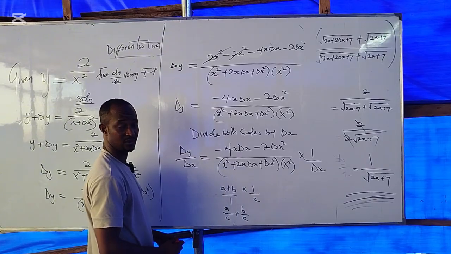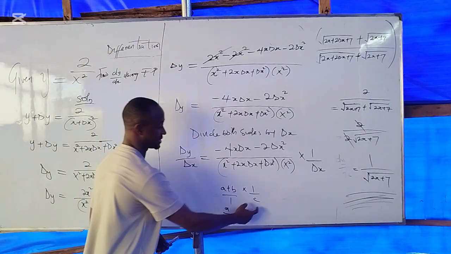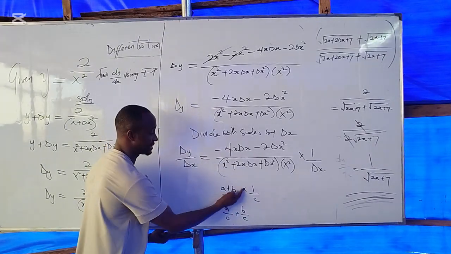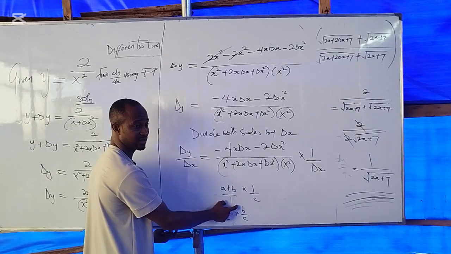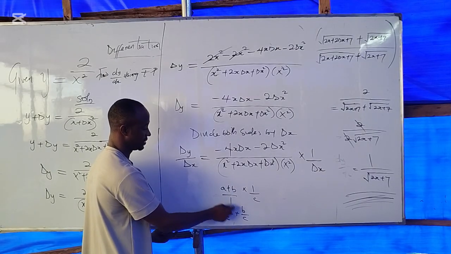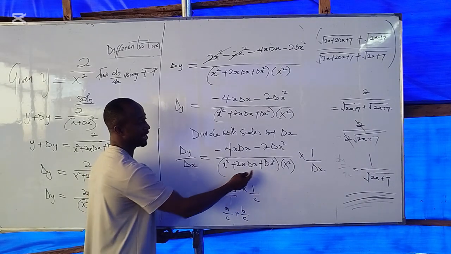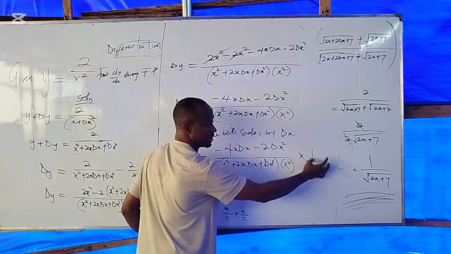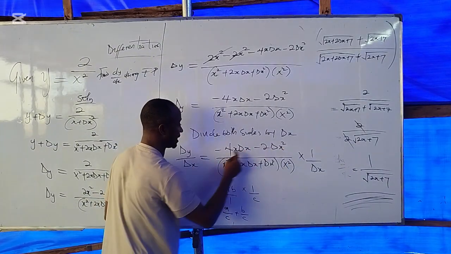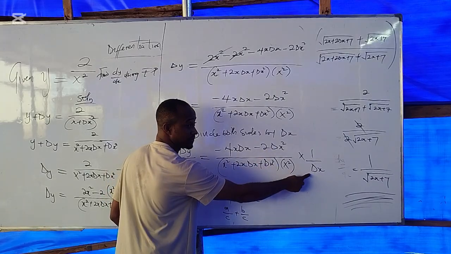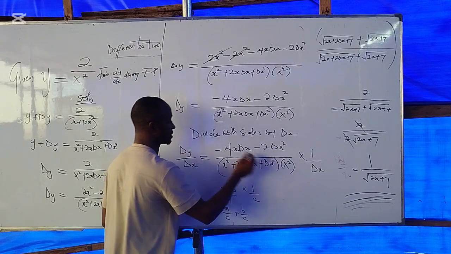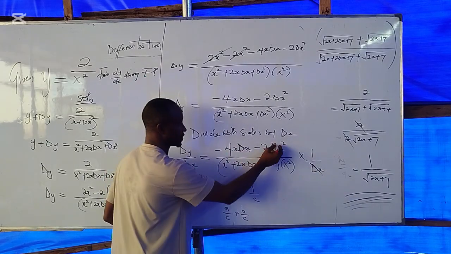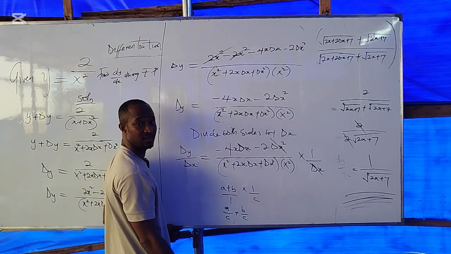Is it not so? Because this is like saying c times 1, b, that means the entire value over c. Therefore, a over c plus b over c. Likewise, if I'm dividing the whole of this with this, the whole of this and this will affect this. So one of these here will cancel one of this from here, and also one of this from here.